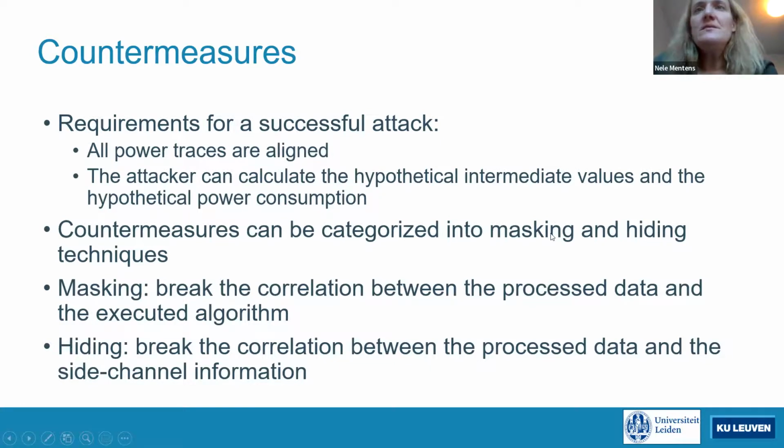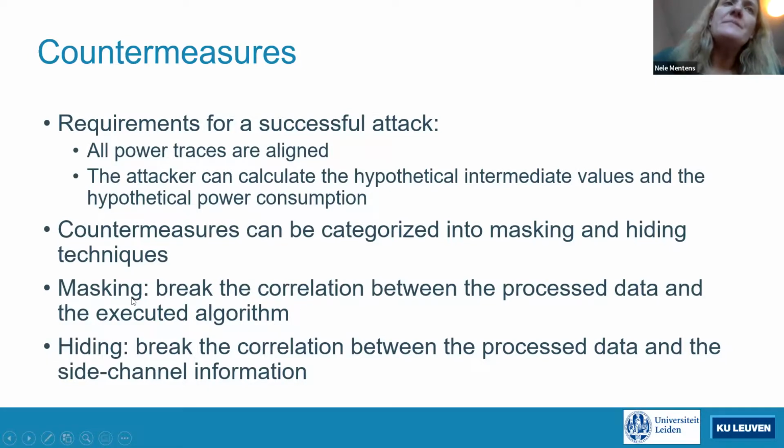Countermeasures can be categorized into masking and hiding techniques. So with masking, what we do is we break the correlation between the data that are processed and the algorithm that is executed. So that means that we will not process the actual plain text, but we will process a masked version of the plain text.